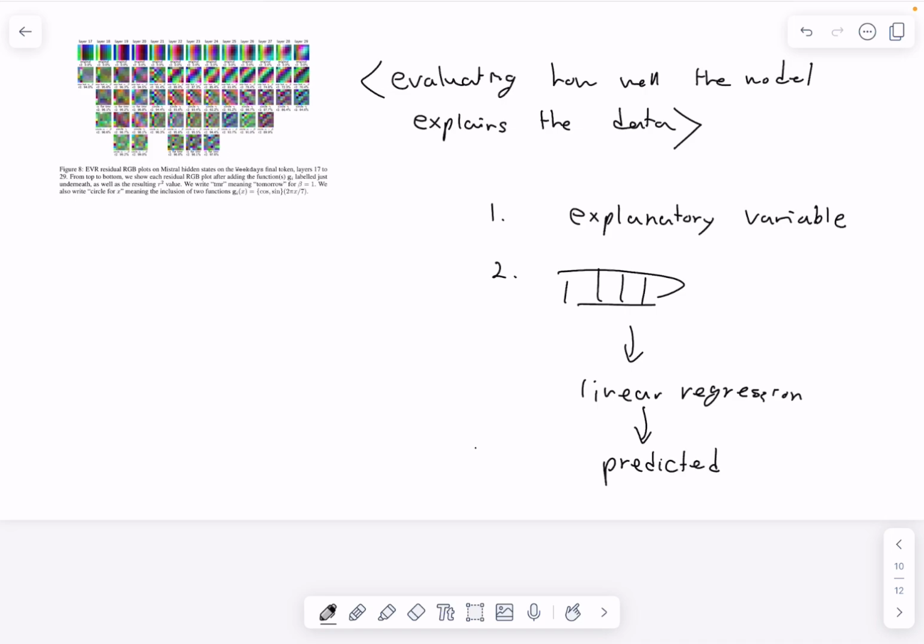Lastly, the residuals between the actual activation values and the predicted values are calculated. These residuals are then subjected to a PCA for visualization. That is the result.